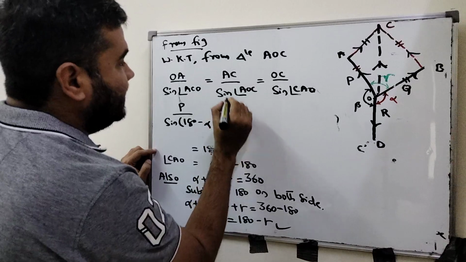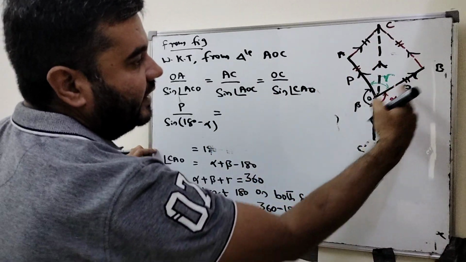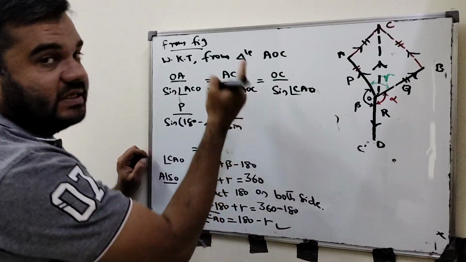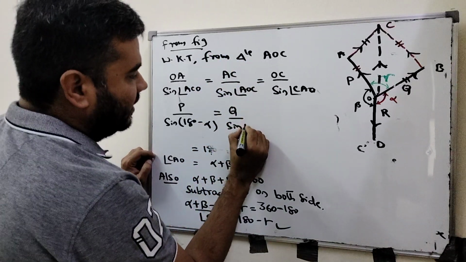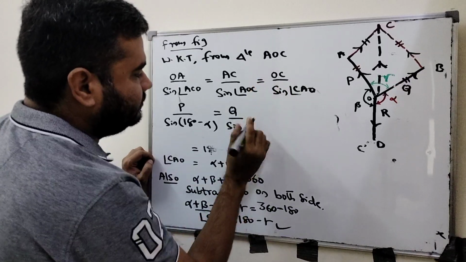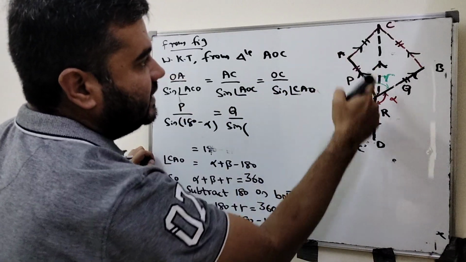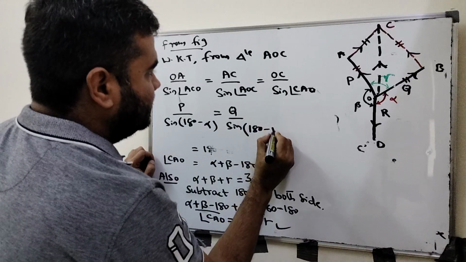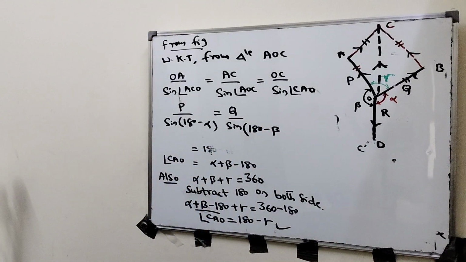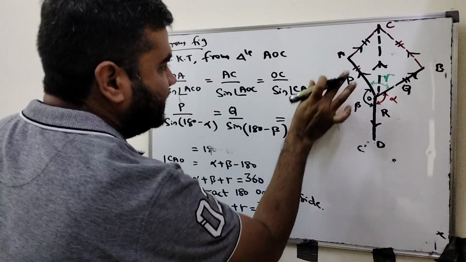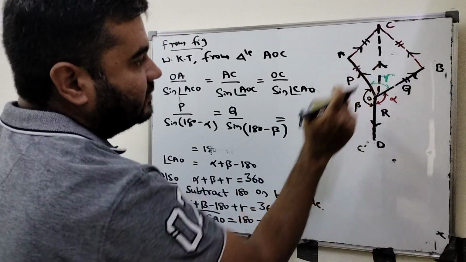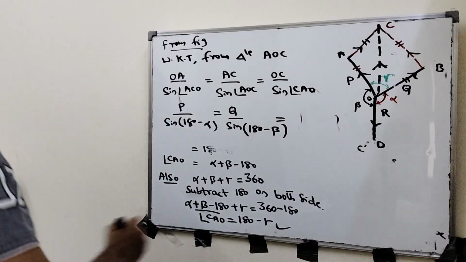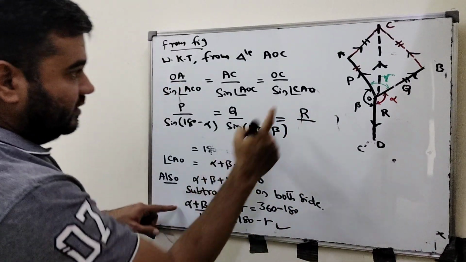AC is nothing but OB, that is Q, divided by sine of AOC, which is sine of 180 minus beta, equal to OC, which is R, divided by sine of CAO.